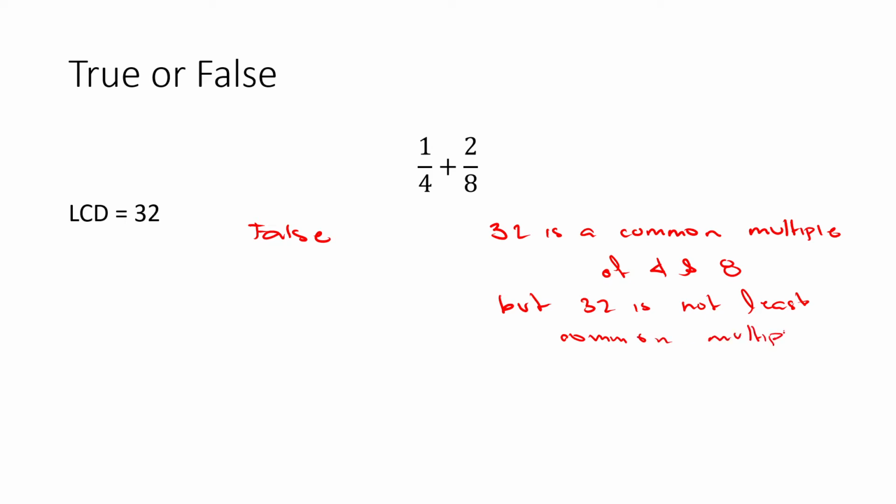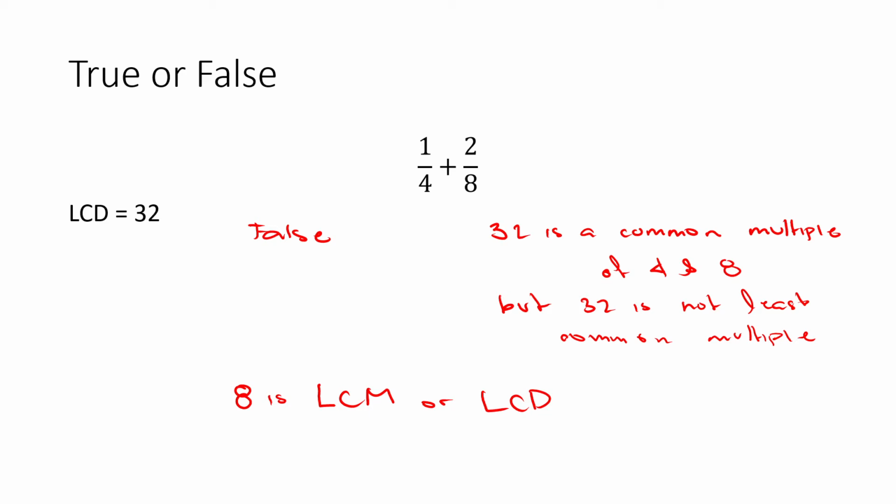What is the least common multiple of 4 and 8? Well, the answer is 8. 8 is the LCM, or in other words, the LCD, because we're talking about the denominator. So your LCD should be 8, not 32. That's why it's false.